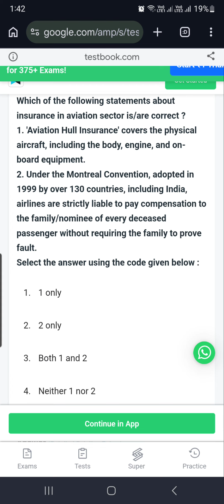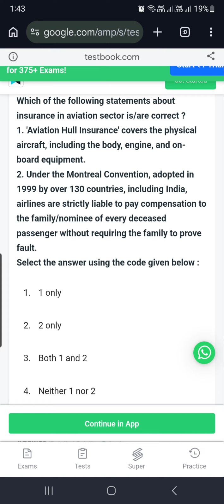There is not a strict liability. They are not liable to pay below a certain threshold of amount. Only after a certain threshold of amount are they liable to pay. So there is a 2-tier liability mechanism. It's not a strict liability. There is a categorization in liability. In some cases they are liable, in some cases they are not liable.